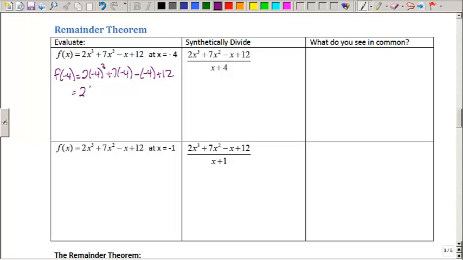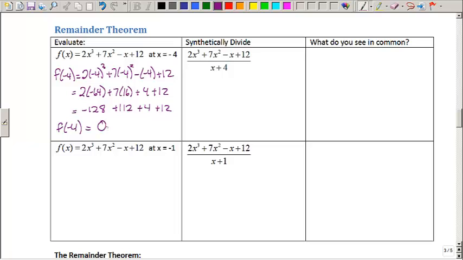This gets me 2 times -64 plus 7 times 16 plus 4 plus 12. And I'm getting -128 plus 112 plus 4 plus 12. And f of -4 turns out to be 0.